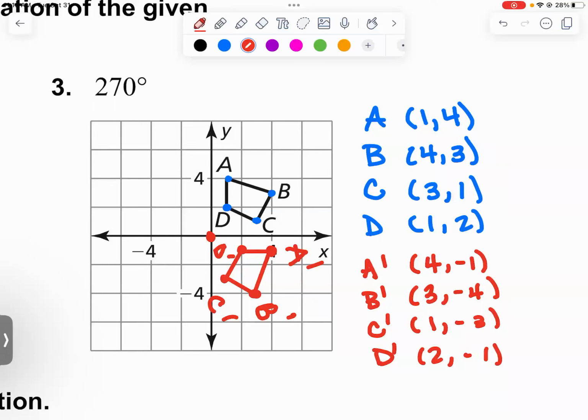Not to the left. Because if I were to plot this point normally, I would go right 1 up 4. So once I turn my paper, I'm still gonna go right 1 up 4. Does that make sense?